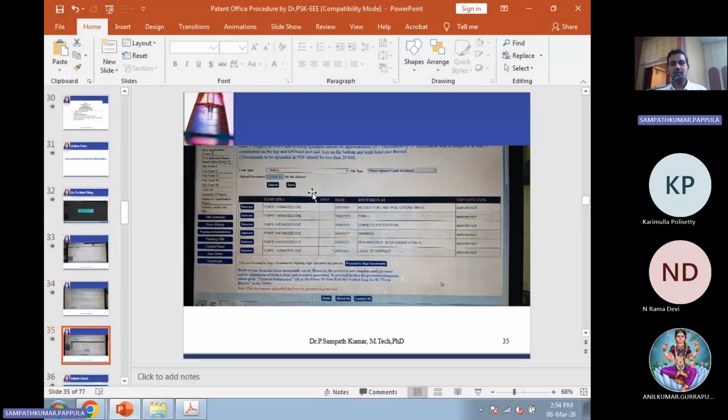Next, using this window, we upload the files, Forms 1, 2, 3, one by one. After uploading, you need to verify each and every file. Every time you will get a pop-up that your file is verified. Only then proceed to the next file.